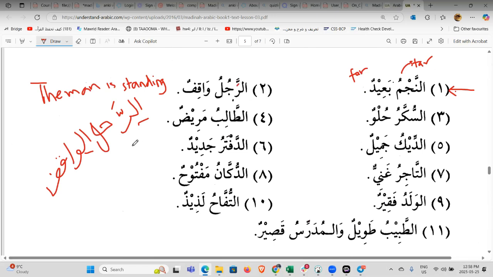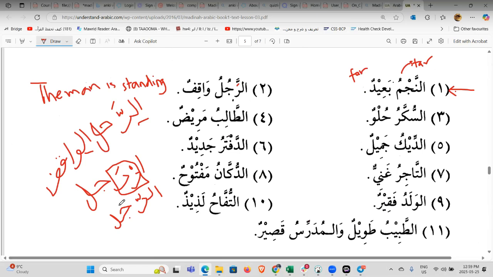It's almost like we're saying ar-rajulu. So the lam has become the ra, and whenever you have a doubling like this in Arabic, we write it with a shadda. But in writing, we still preserve the lam, even though we don't pronounce it. So ar-rajulu.